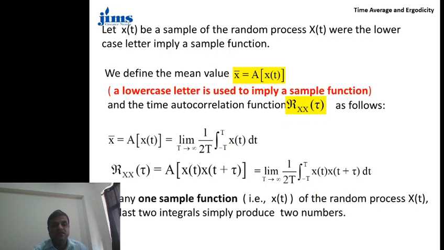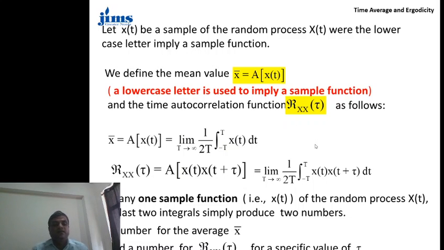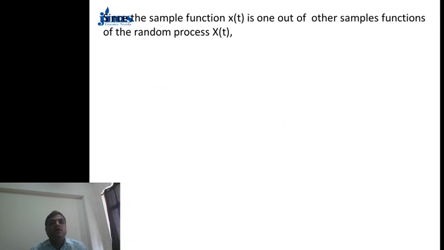Then the autocorrelation function for any sample function x(t): the last two integrals simply produce two numbers, a number for the average of x and a number for the autocorrelation function for a specific value of tau.